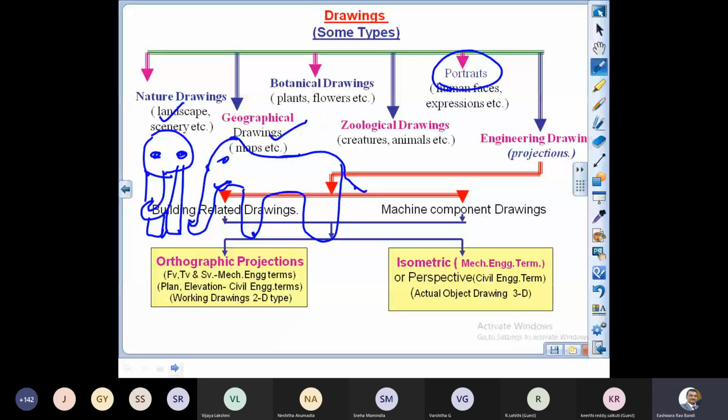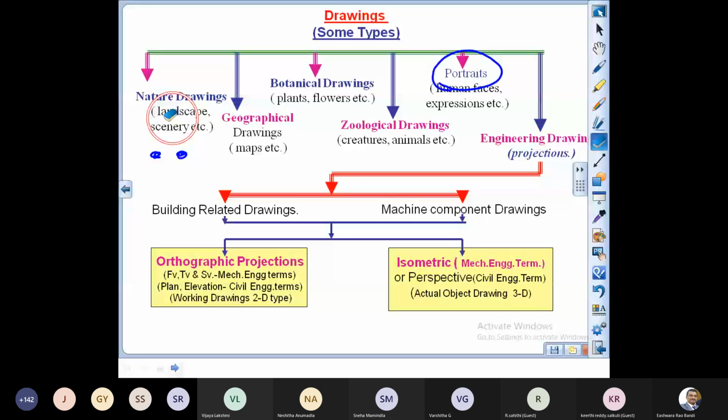Now you got the point. Can you understand this? Yes, sir. This is called an orthographic projection.